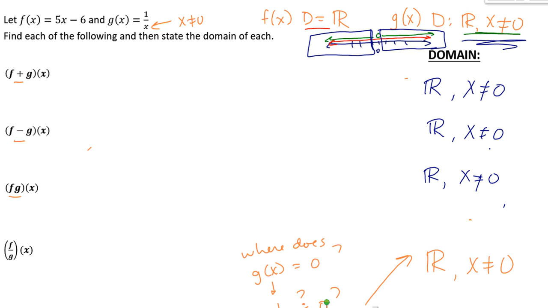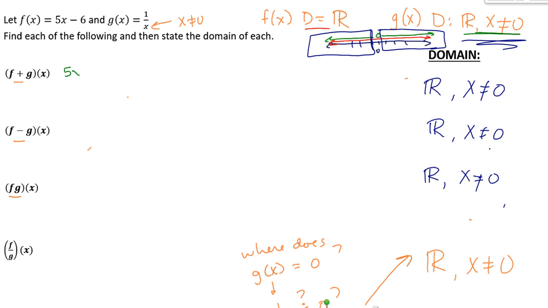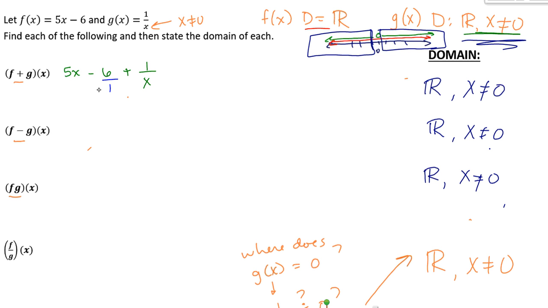For f plus g, it would be 5x minus 6 plus 1 over x. Now you reviewed and learned that everybody had to have the same denominator, right? He's got an x.